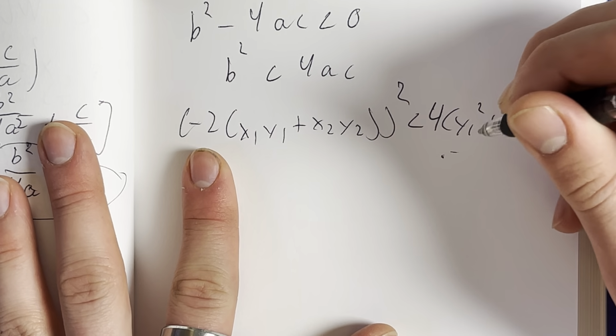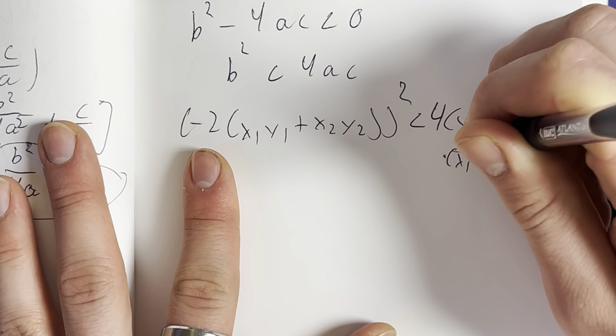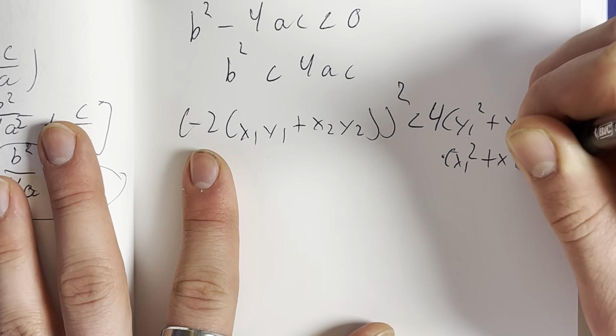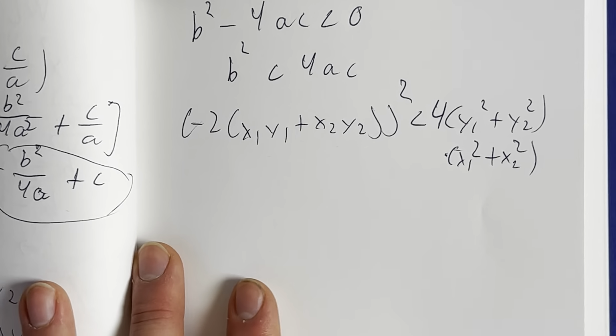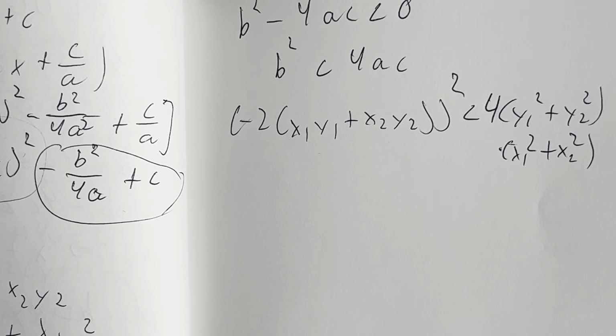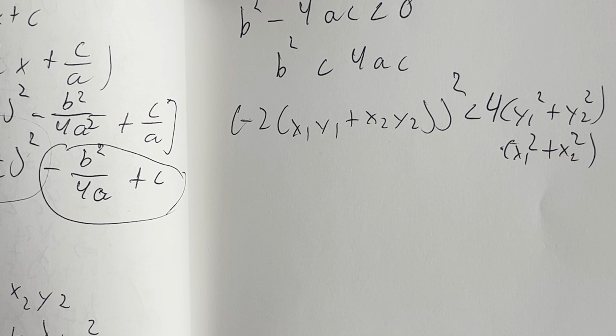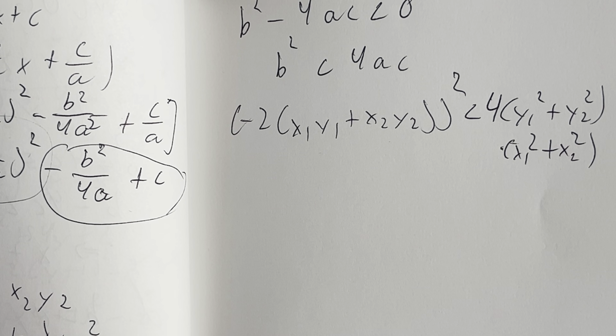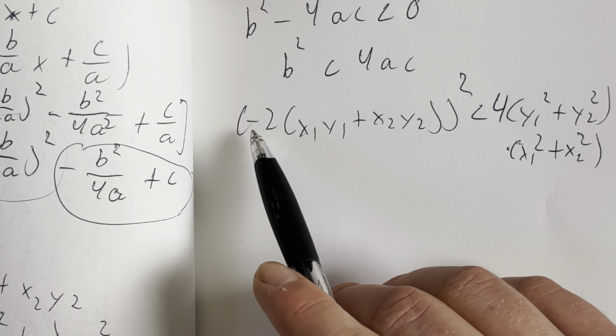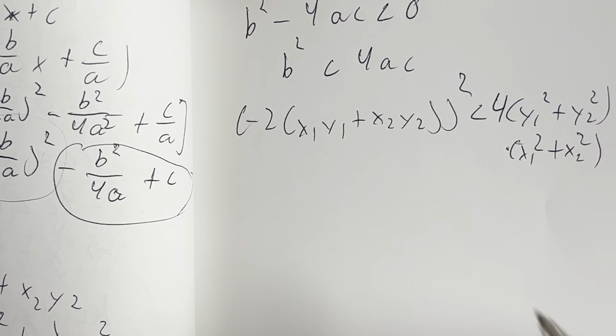Now I need to start a new row here. Like this. Then let's just take the square root. And obviously this minus sign goes away because this is squared.